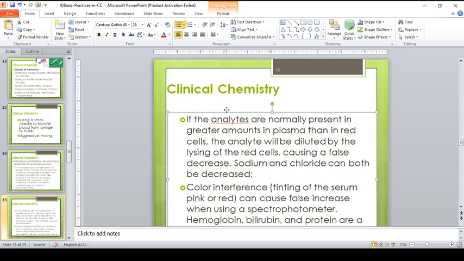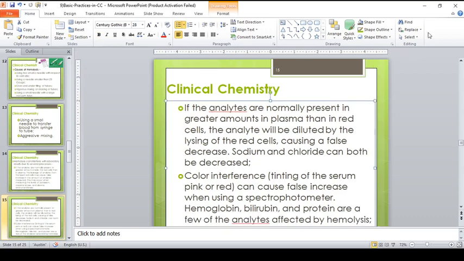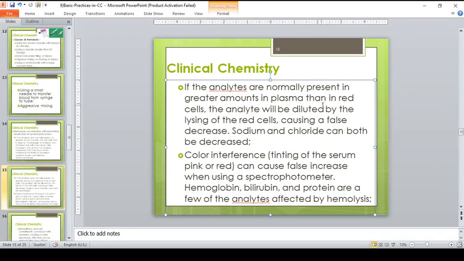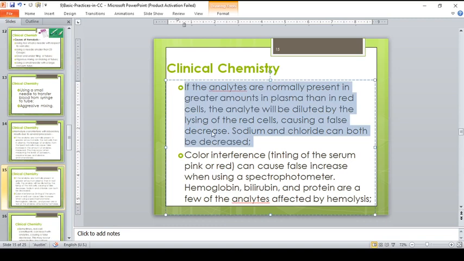If the analytes are normally present in greater amounts in plasma than in red cells, the analyte will be diluted by the lysing of the red cells, causing a false decrease. Sodium and chloride can both be decreased. So anong ibig sabihin nito? Guys, not all analytes are increased once there is hemolysis.